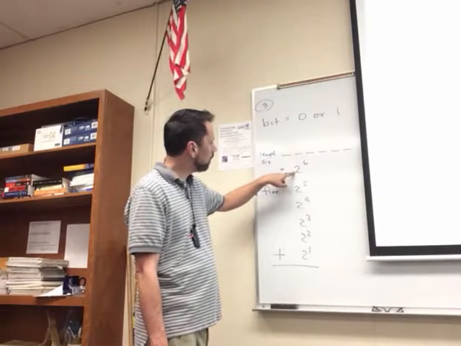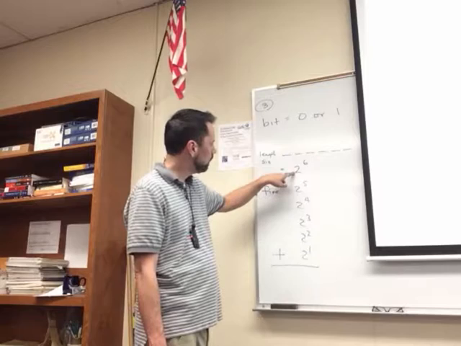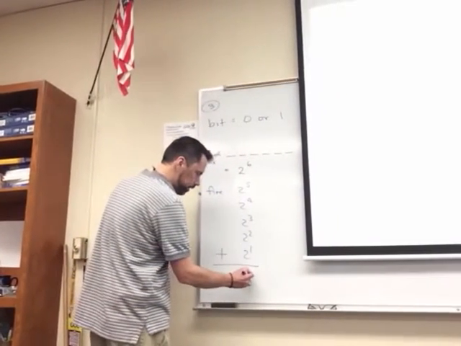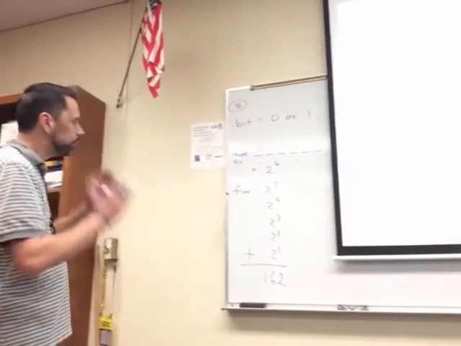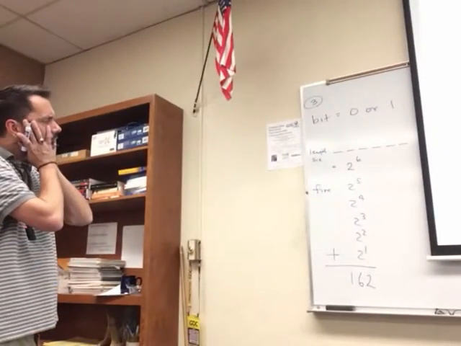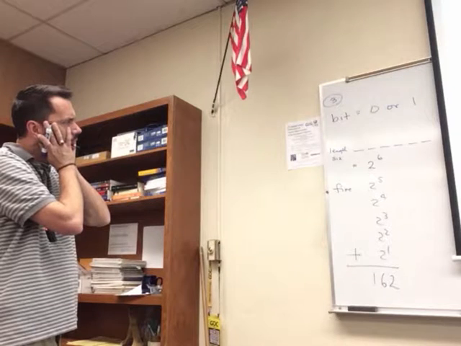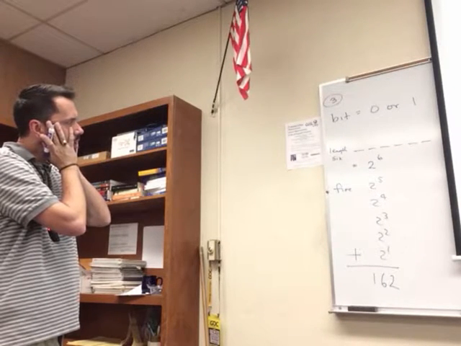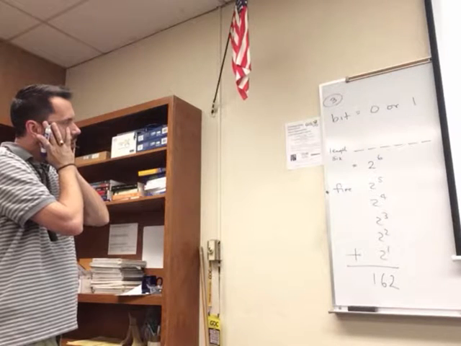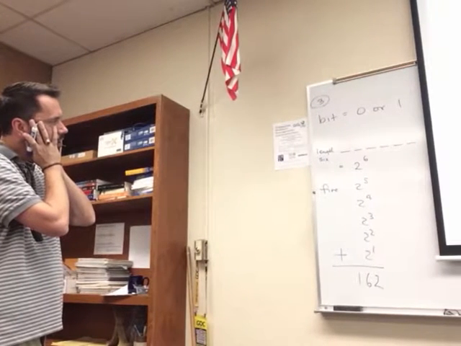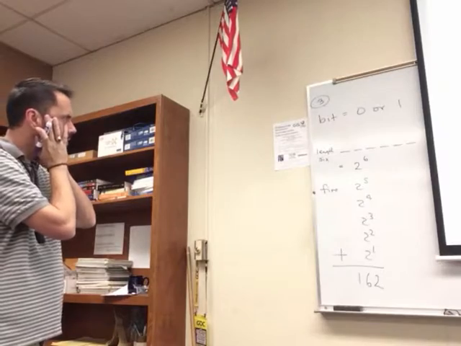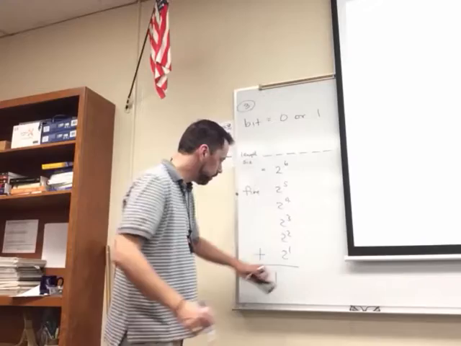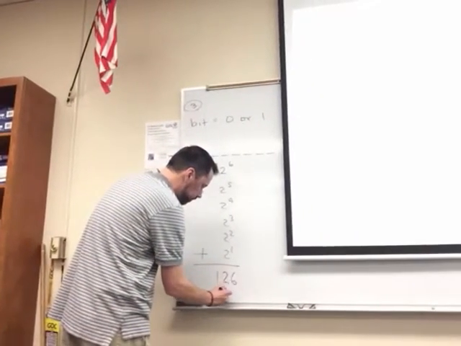Somebody's going to have to check me on this. Is it 130? I missed a 32. Okay. 64, 32 is 96, 16 is 112. That seems too big. 126, yeah. There we go.